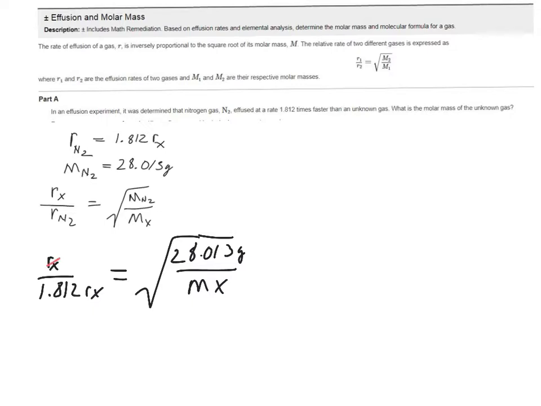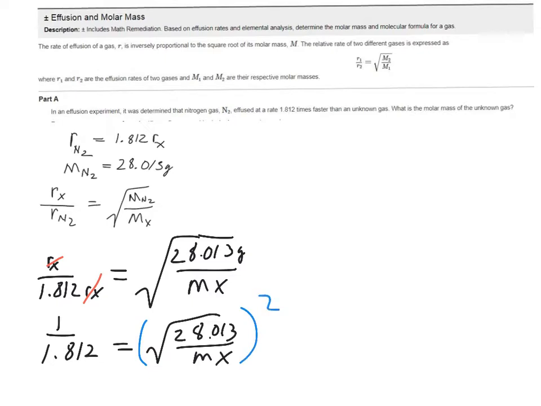Couple things. First, our x's cancel out. So that gives us 1 over 1.812 equals the square root of 28.013 over Mx. We have to get rid of the square root, so square both sides.